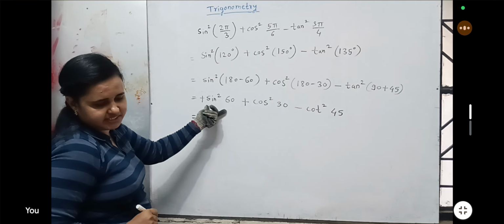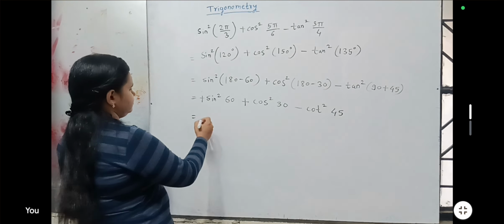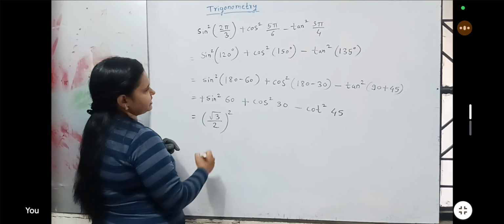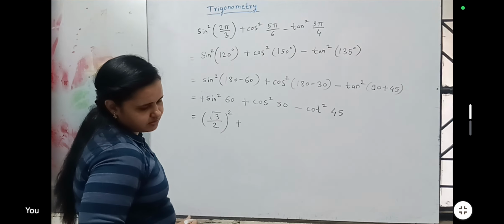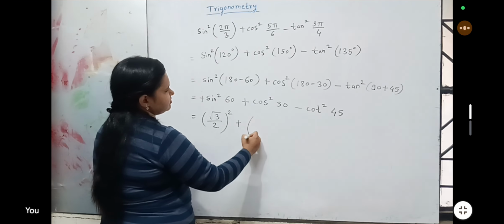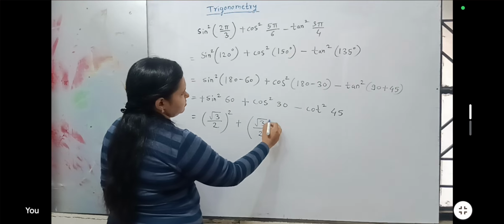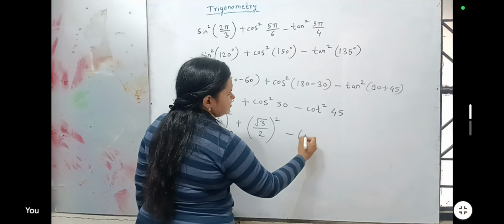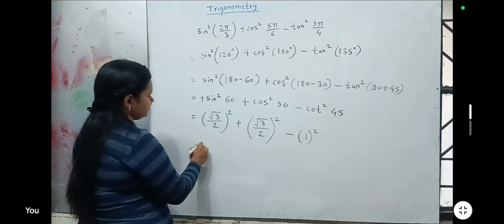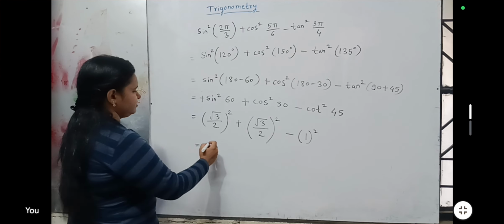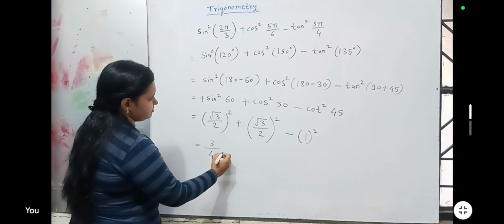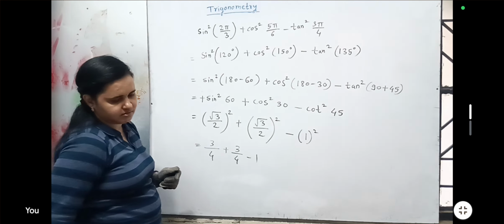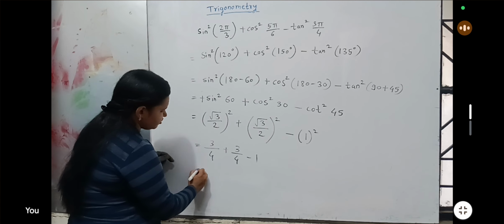Now sine of 60. Sine 60 is root 3 by 2 and as it is a square, we will take a square. Cos 30 is root 3 by 2 and square. Cot 45 degrees is 1. Now root 3 by 2 whole square will get 3 by 4, plus it will get again 3 by 4, and it is minus 4. Now we have to solve it.